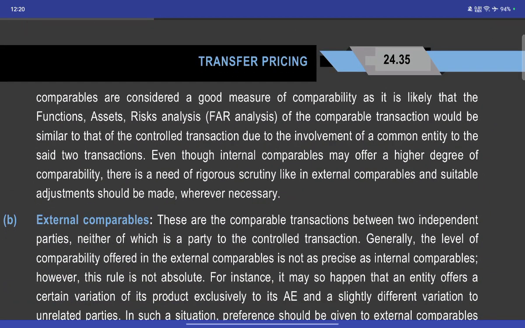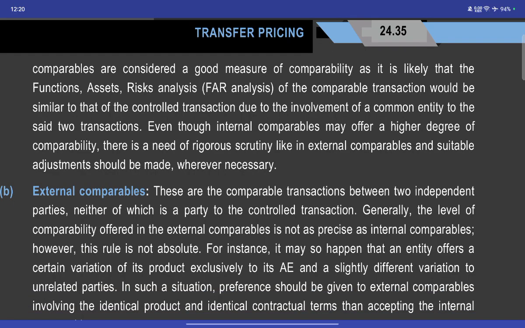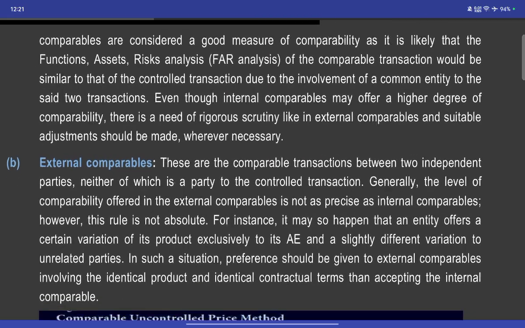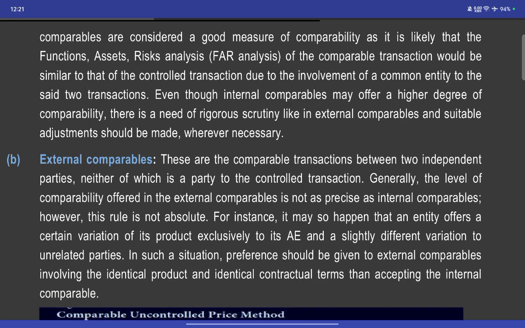These comparables are considered first, as the FAR analysis, functions, assets and risk analysis, is likely to be similar due to the involvement of a common entity in both transactions. Even though internal comparables may offer a higher degree of comparability, there is a need for rigorous scrutiny like external comparables, and suitable adjustments should be made wherever necessary.